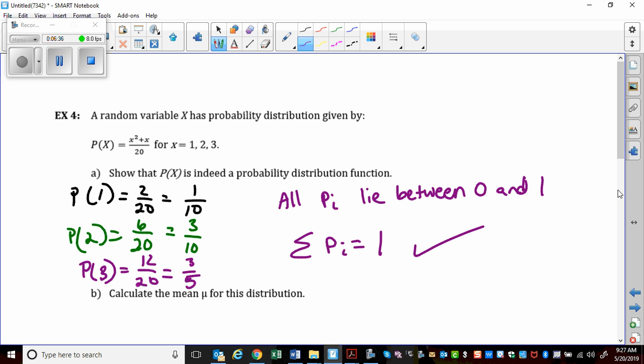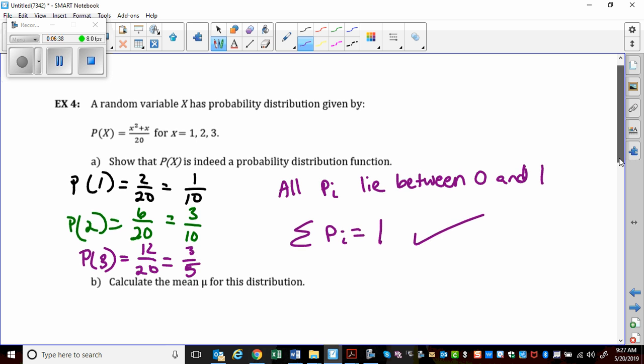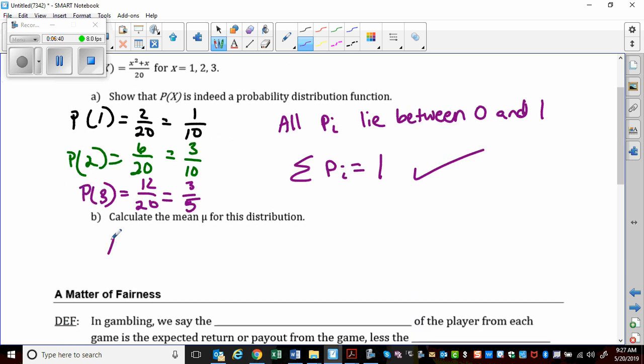Calculate the mean for this distribution. Well, the mean is the sum of, remember, x sub i, p sub i. Well, it's 1 times the 1 over 10. We plugged in 1.